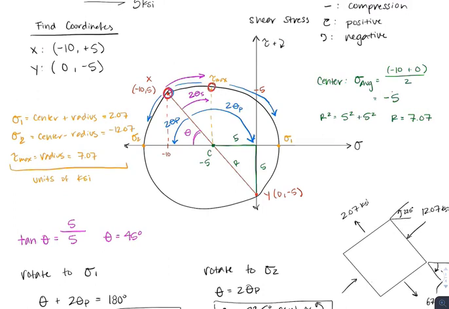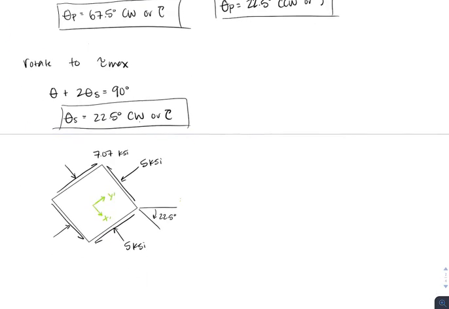So our new line basically looks like this. So it's going from top to bottom. It's a little off kilter, sorry, but it means to be going through the center. So that means this is going to be our y prime and our x prime. And if you take those coordinates and put them on this stress block, this is what you'll get. And that's how you find all of the stresses and principal stresses and angles in this Mohr circle problem.